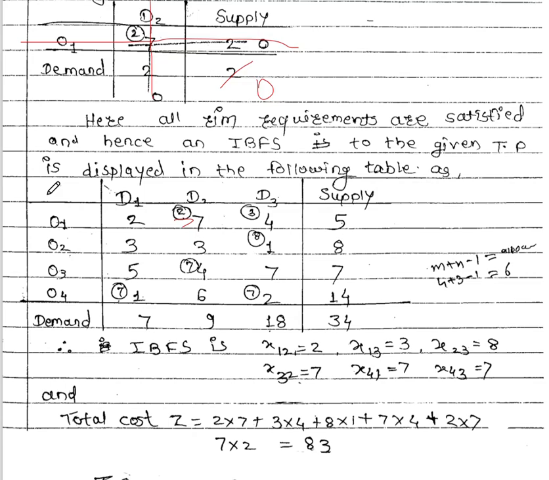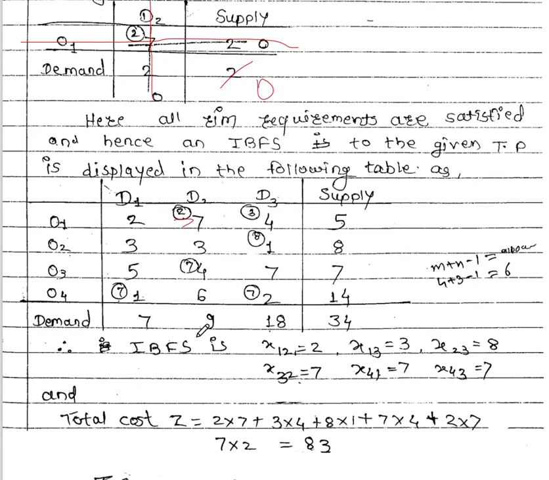Similarly to the northwest corner rule, we can show the allocations in this table. Then find out the initial basic feasible solution. So here x12 is 2, x13 is 3, x23 is 8, then x32 is 7, x41 is 7, x43 is 7.